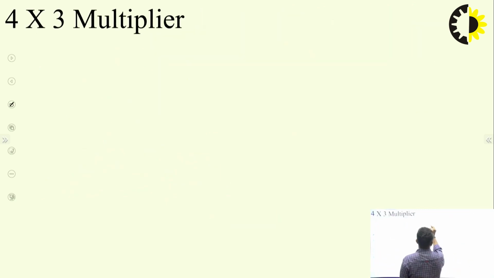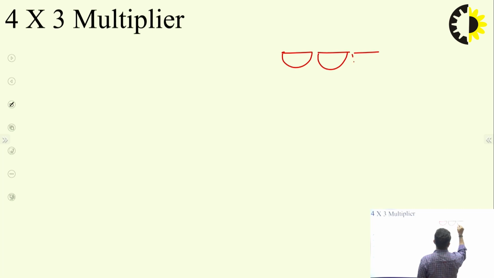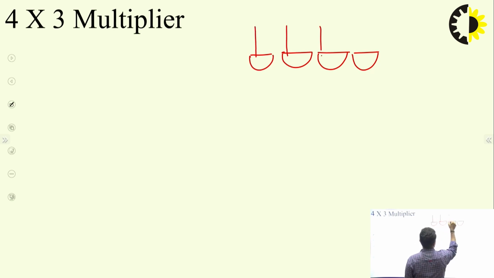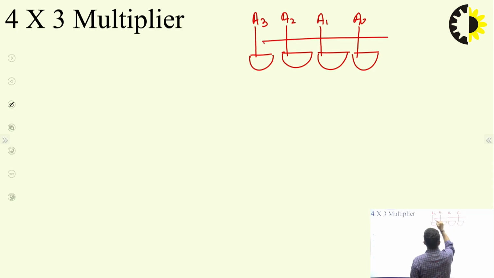We will be requiring 4 AND gates. These are A3, A2, A1 and A0, and these are going to be multiplied with B naught. Okay, so the first row is generating these 4 products.